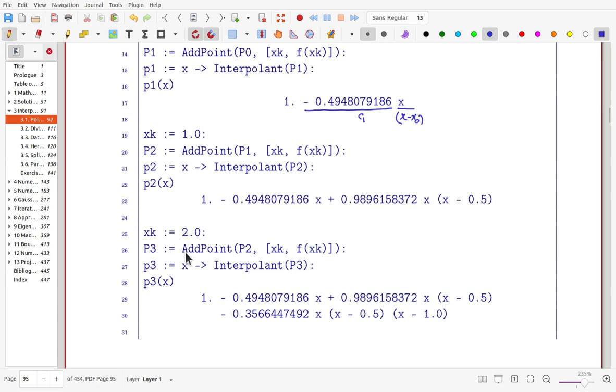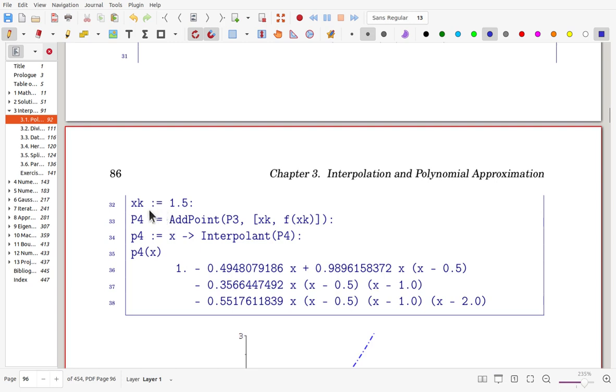Now finally, we're adding x4. So x4, y4 is added to the third order polynomial to get the fourth order one. So that is the last added term. That is c4(x minus x0)(x minus x1)(x minus x2)(x minus x3). Okay? In this way, you can construct one more higher order polynomial by adding one more point.